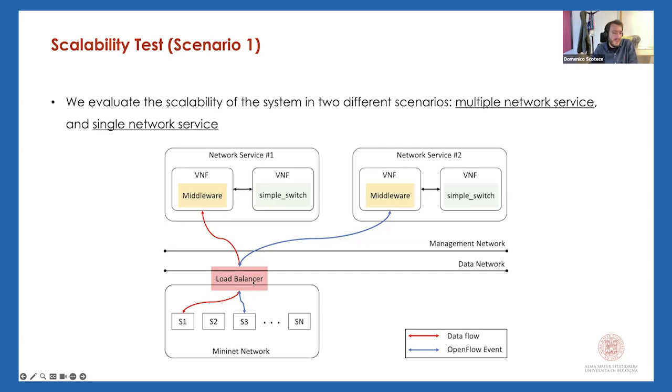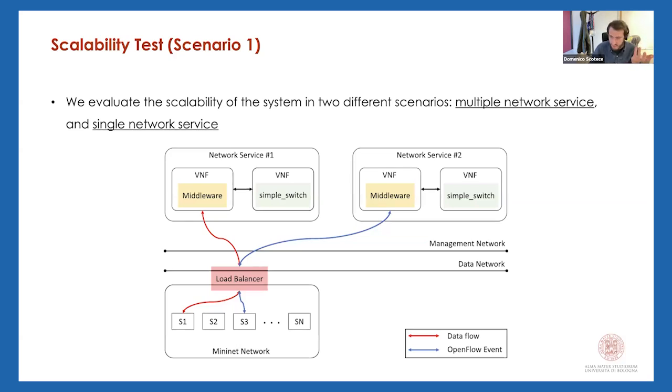Also, we leverage a balancer between the network and the controller that can move requests, for data flow or control plane, from one network service to another. This is not the efficient way to scale the system that I saw before.